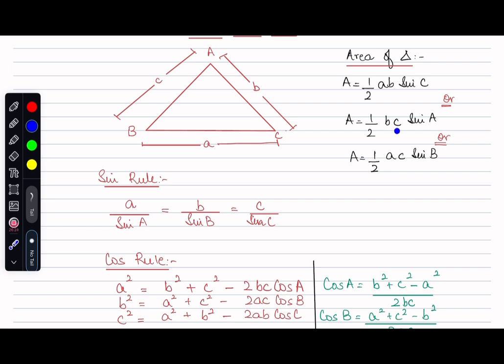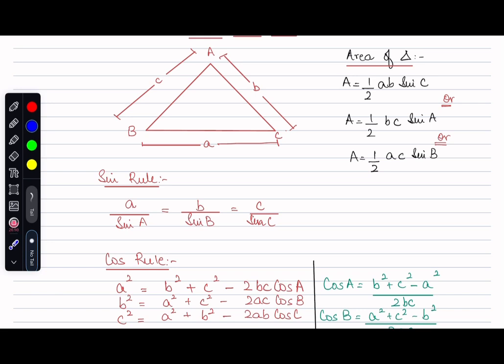In the same manner, I can also take half into B and C, the two adjacent sides, into sine of the inclusive angle A here. Or I can also say that this is going to be 1 by 2 into AC into sine of the inclusive angle, which is B over here. So this is how I can find the area of a triangle which is not a right angle triangle.